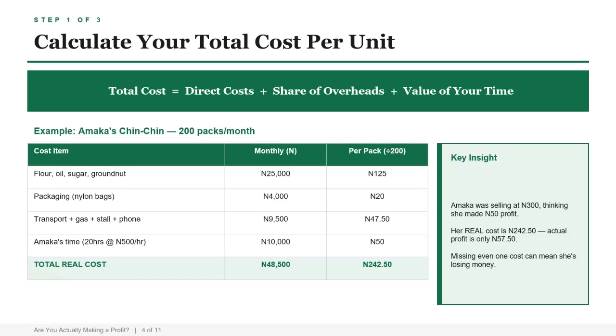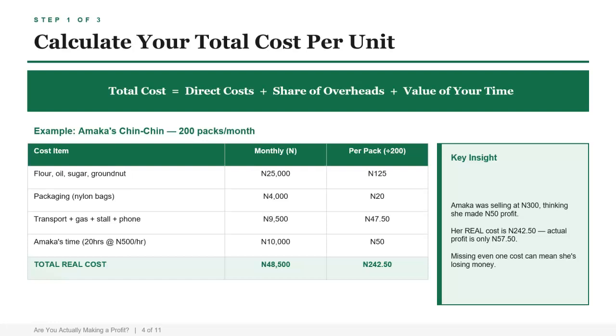How do you determine the cost of this across the 200 packs? You divide the 25,000 naira by 200. That tells you the cost of each of these, the flour, the oil, the sugar, and the groundnut, within the overall cost that we'll see later.